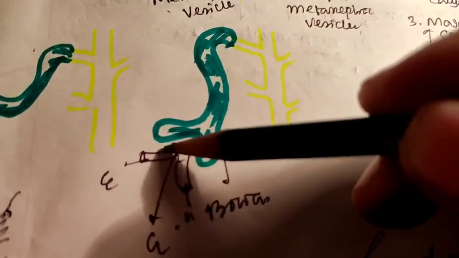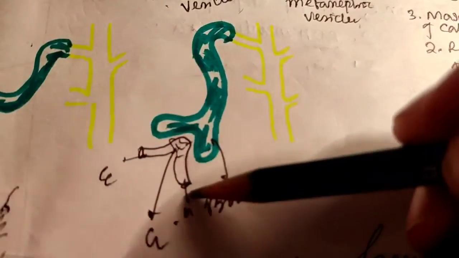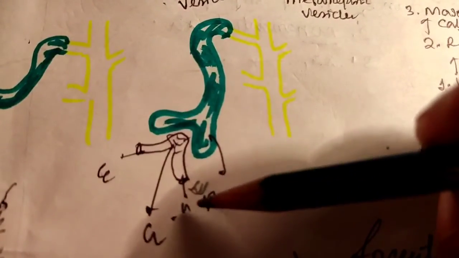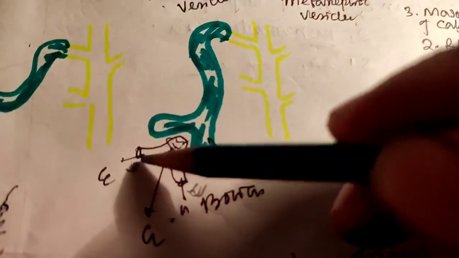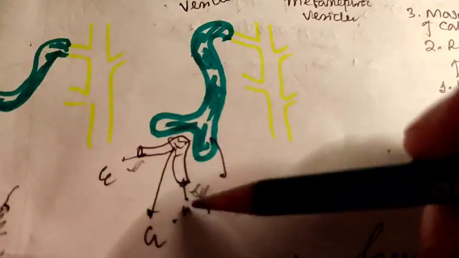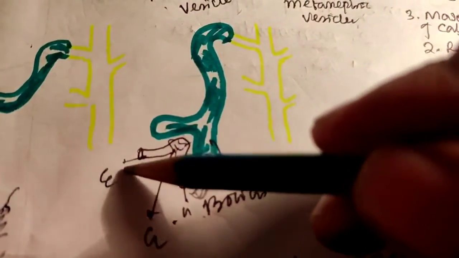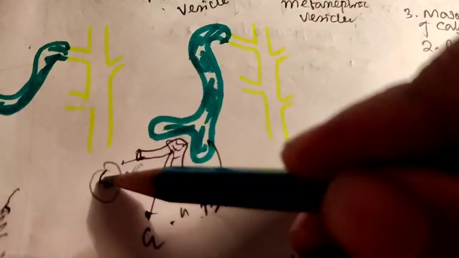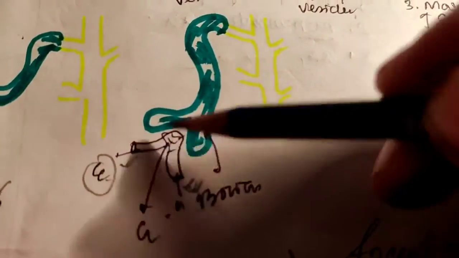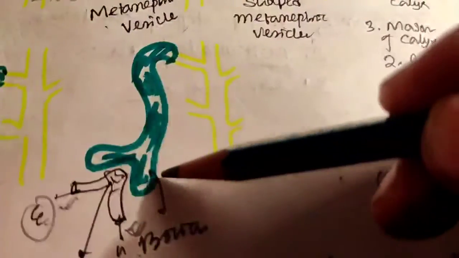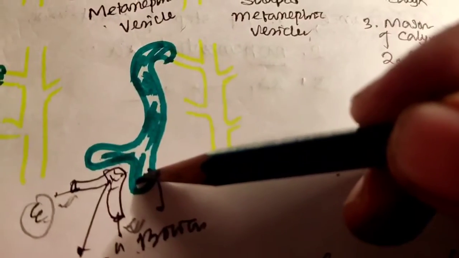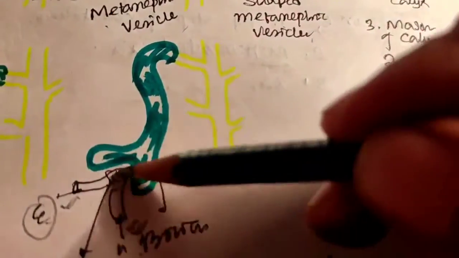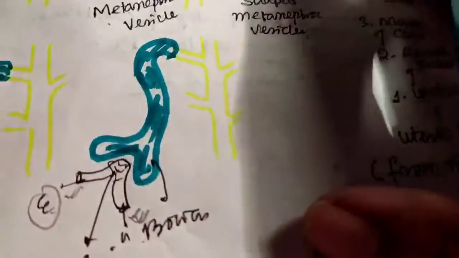This portion is known as the glomerulus, and this is your afferent arteriole, which means towards the glomerulus, and this is your efferent arteriole, which means exit from the glomerulus. This cup-like structure is known as Bowman's capsule, which partially encloses the glomerulus. So this is your complete metanephric kidney.